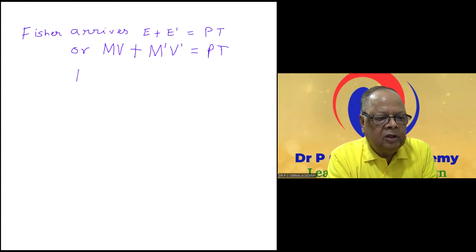V is directly proportionate to M plus M dash.